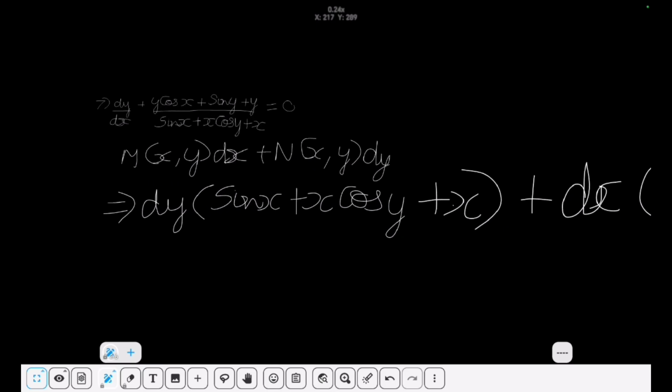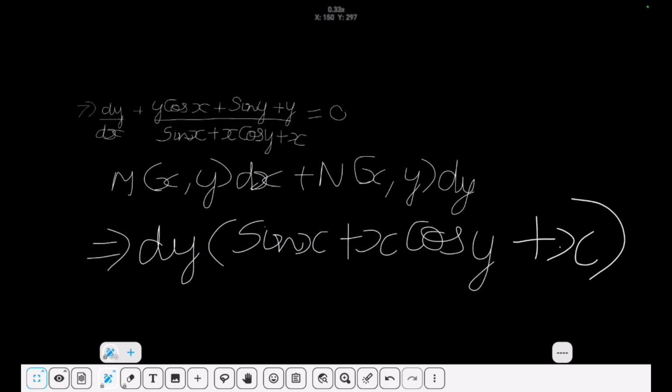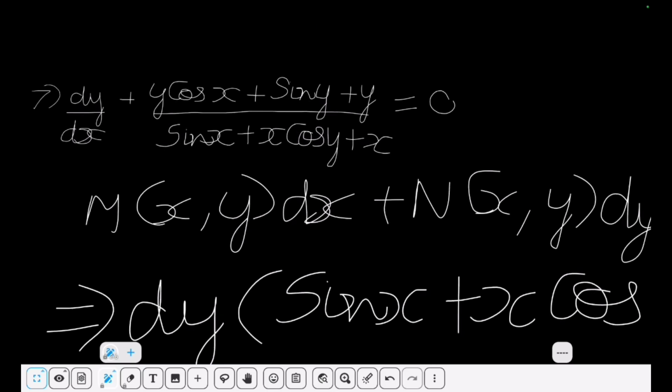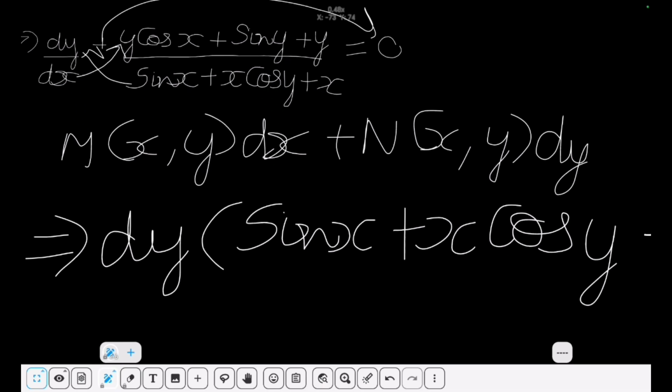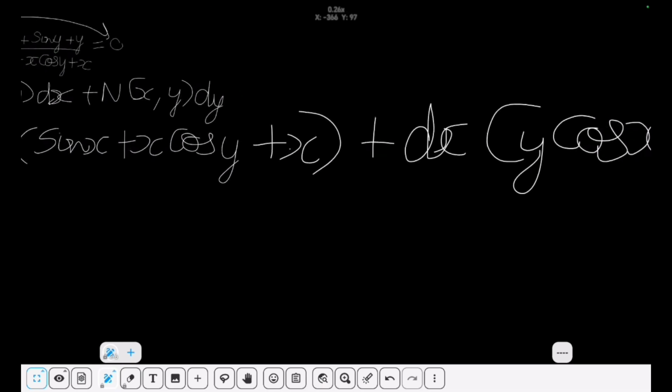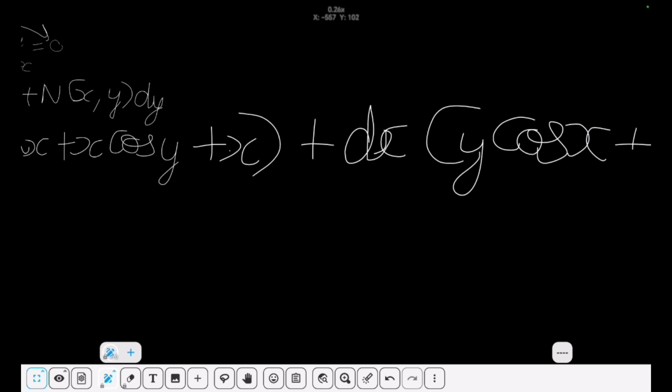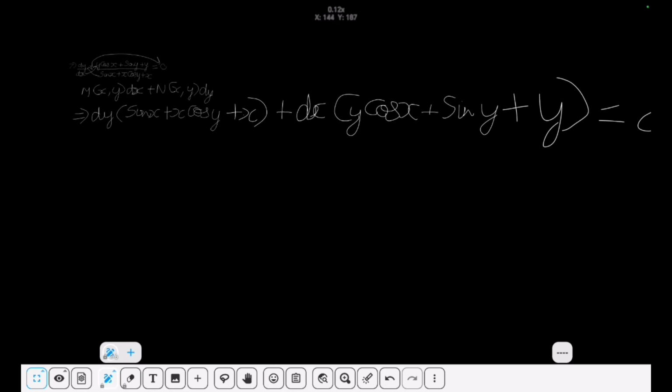We got this term by cross multiplying. That is, if we take this to the right hand side, this would be minus. So if we multiply the denominator with the numerator of the left hand side, and we multiply the denominator of the left hand side part with the numerator of the right hand side part, and then shift to the left side again, it will be plus dx. That's it.